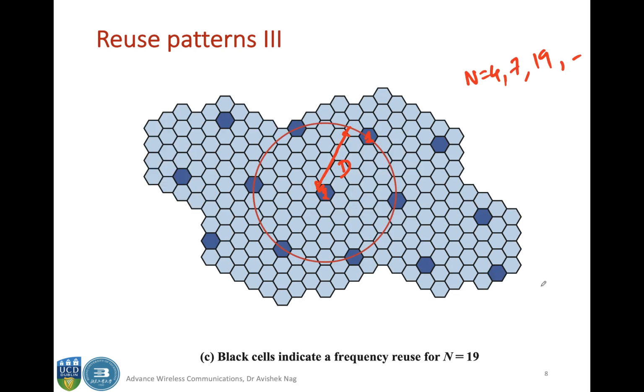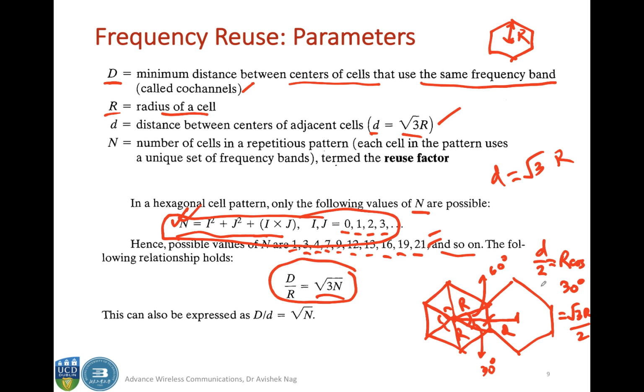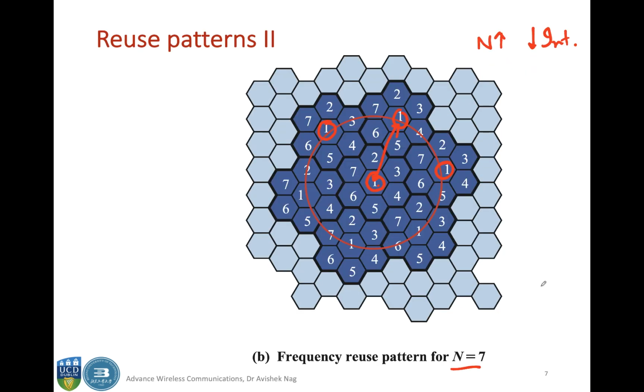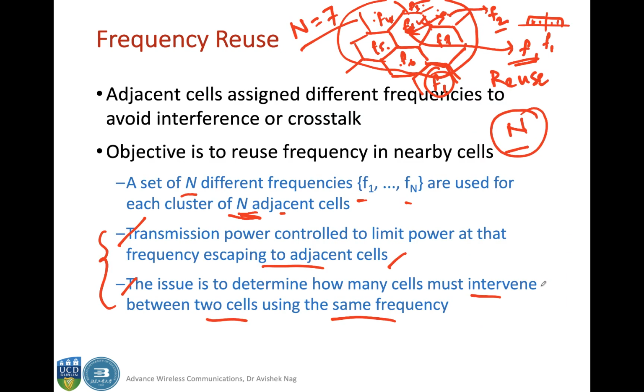You can have an increased reuse factor and use more frequencies, but then you are limited in your design by the reuse factor that you can have, and the reuse factor n that you can have depends on how much interference you can have.